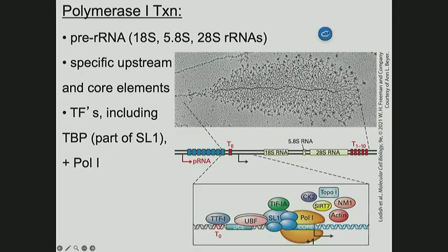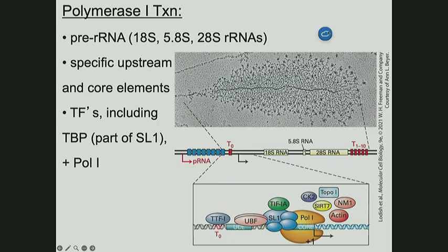All right, so RNA polymerase I transcription, as I mentioned, it makes one type of RNA, and that is the pre-ribosomal RNA. There are multiple copies of this pre-ribosomal RNA throughout our genome, usually over 100, because remember, we need to make a lot of these ribosomal RNA. So it's one of these tandemly duplicated genes because we need lots of ribosomes in order to do protein synthesis. The gene for this pre-ribosomal RNA has some specific upstream elements.